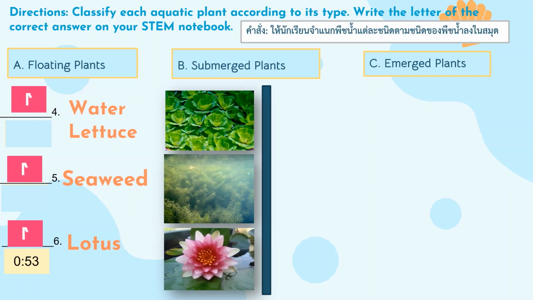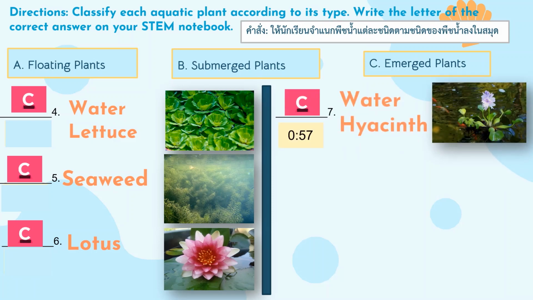Is it A, B, or C? Number 7, water hyacinth. Is it A, B, or C?